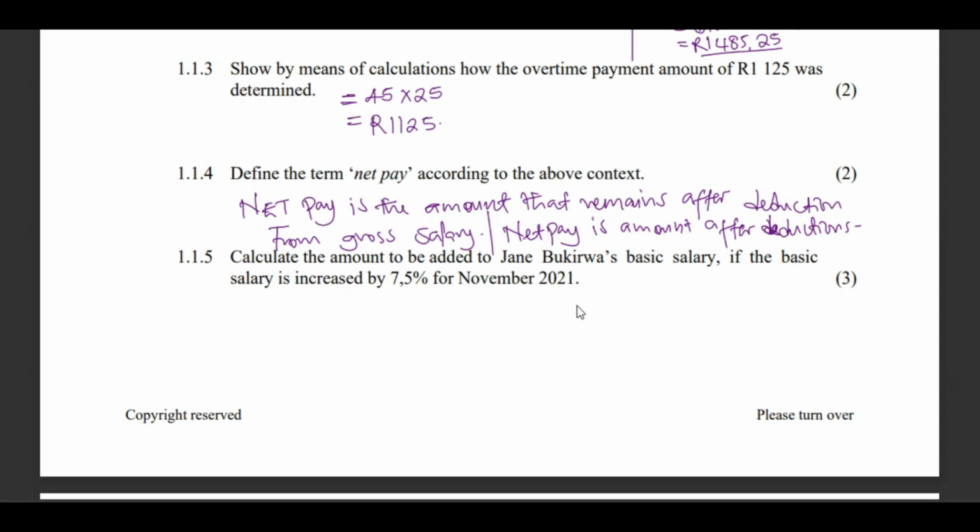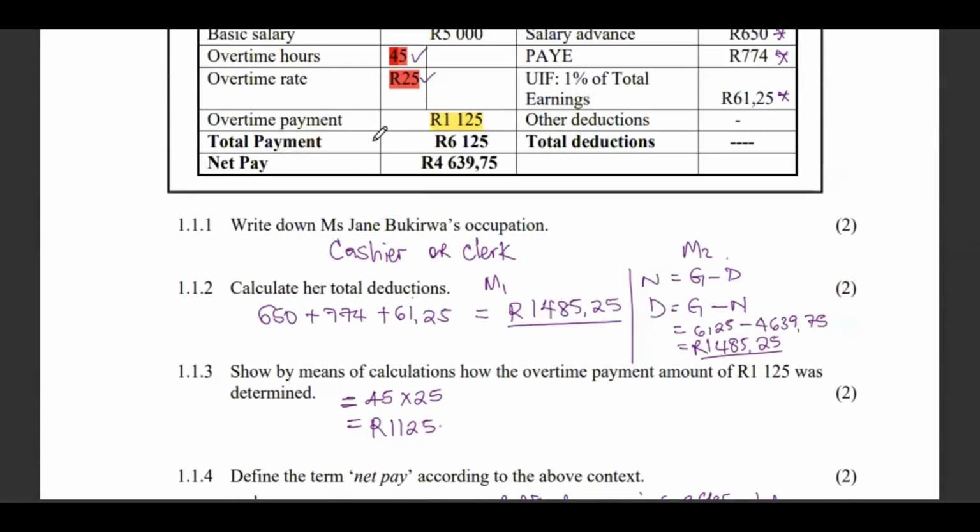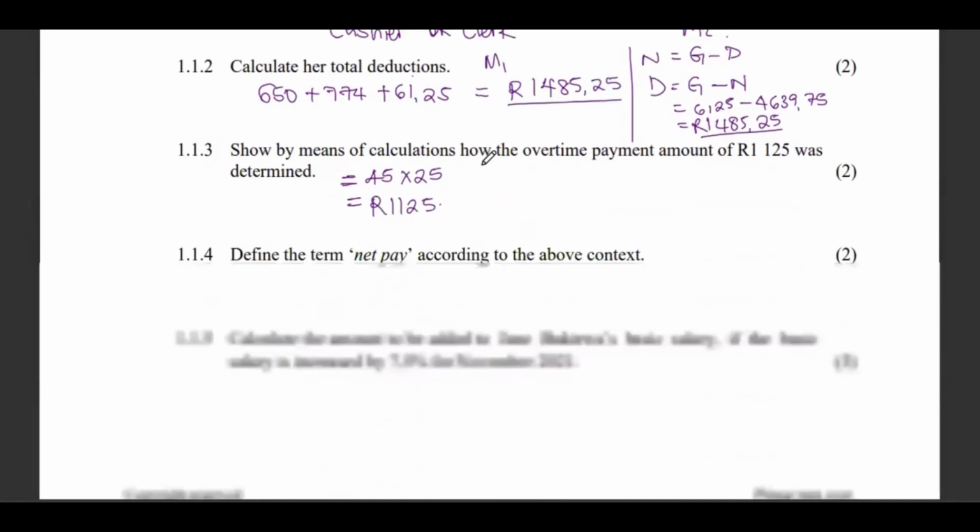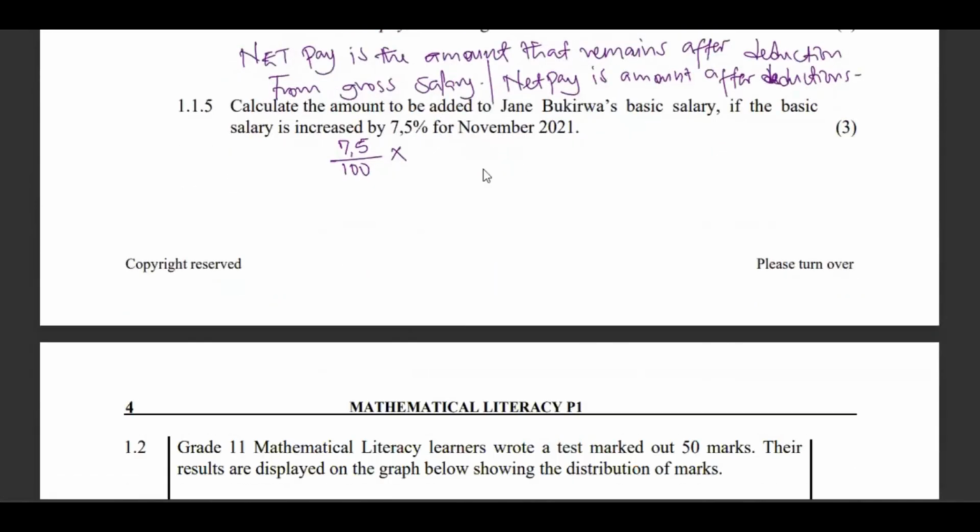So we only look for 7.5 over 100 times the basic salary. We go back to the pay slip and multiply by the basic salary, which is 5,000. And what answer do you end up having?